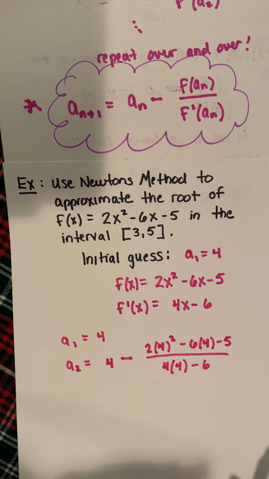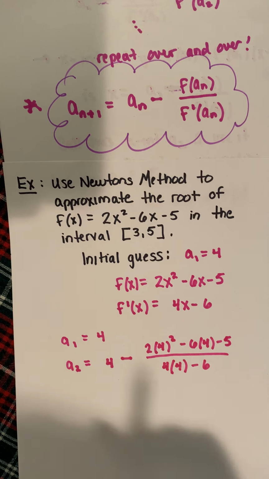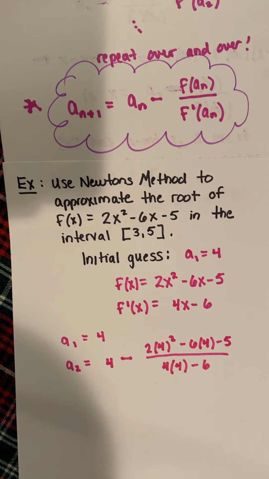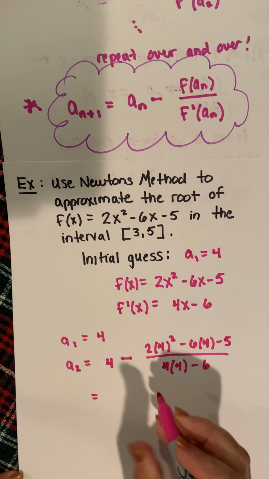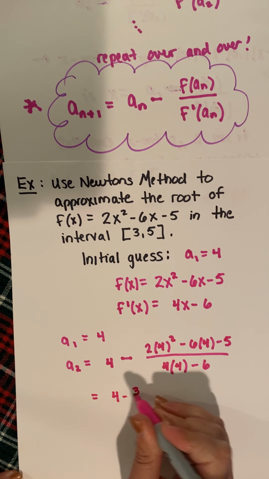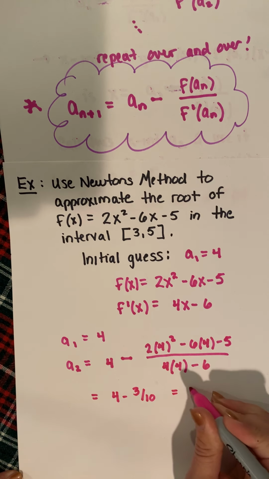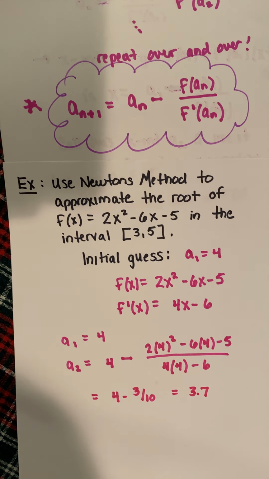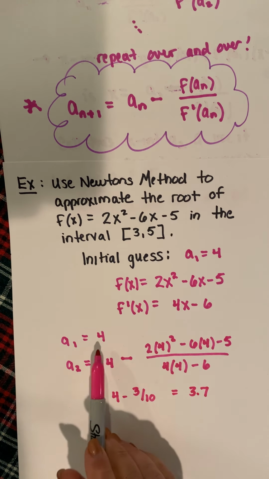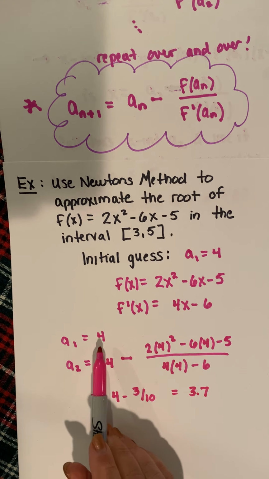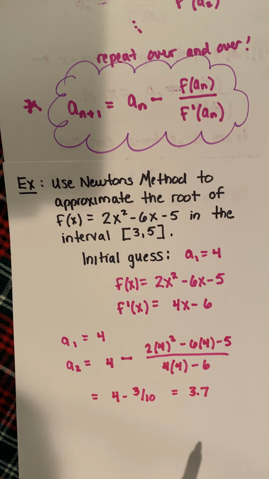Now, imagine like when we did linear approximations previously, this was a method used by mathematicians to find things like roots and intervals when we didn't have calculators to do this work for us. So we're going to do the math out here, and you should get 4 minus 3/10, which is 3.7. So that's a nice approximation. The first initial approximation we guessed was 4. From 4, this is a better approximation, 3.7.